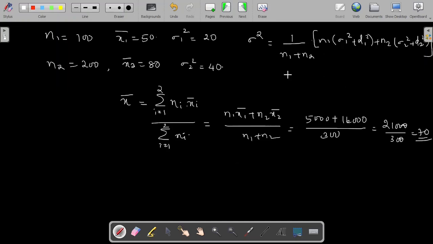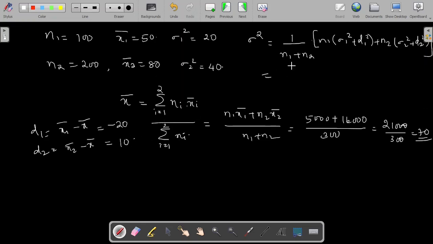Now we need d1 and d2. d1 is x1 bar minus x bar, d2 is x2 bar minus x bar. The combined mean is 70. So x1 bar is 50 minus 70, which is equal to minus 20, and d2 is x2 bar, which is 80 minus 70, that is equal to 10.